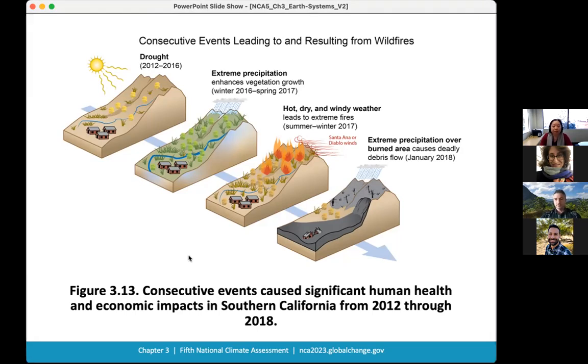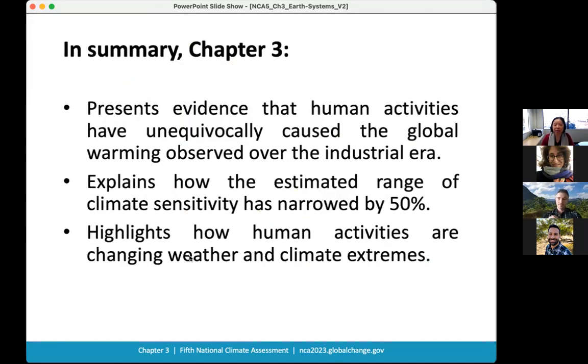So here we conclude our presentation about chapter 3, just summarizing again. Chapter 3 presents evidence that human activities have unequivocally caused the global warming observed over the industrial era. We also explain how the estimated range of climate sensitivity has narrowed by 50%, and highlight how human activities are changing weather and climate extremes.